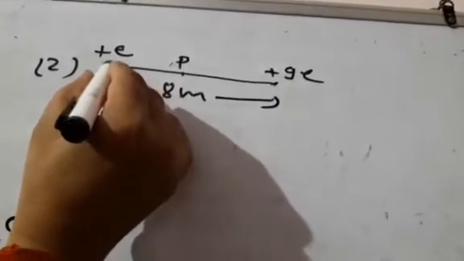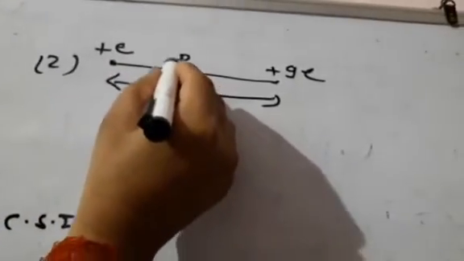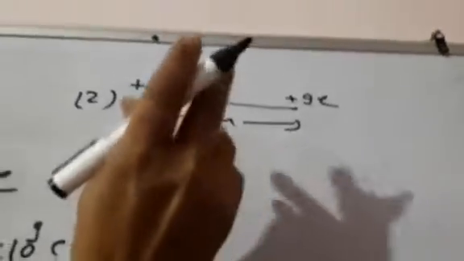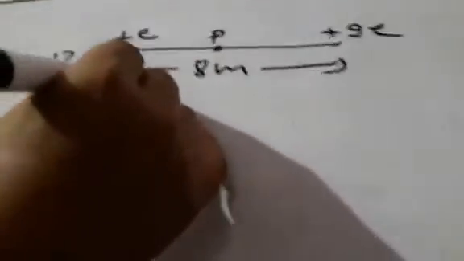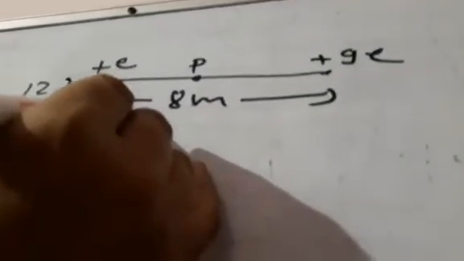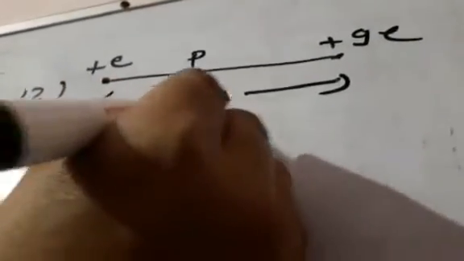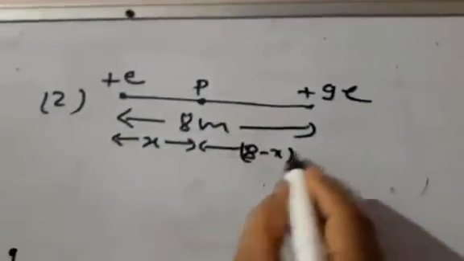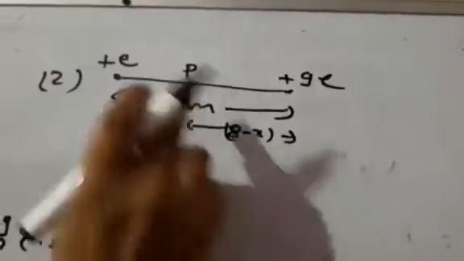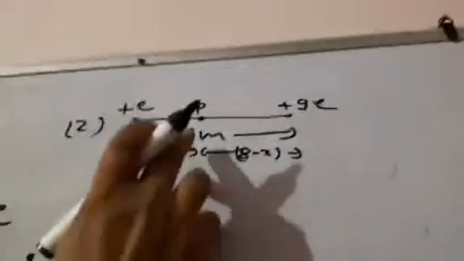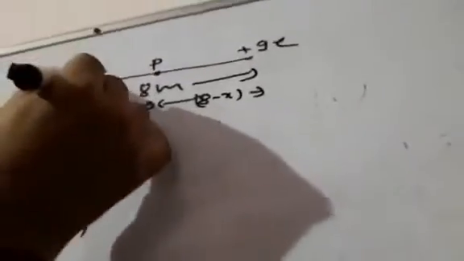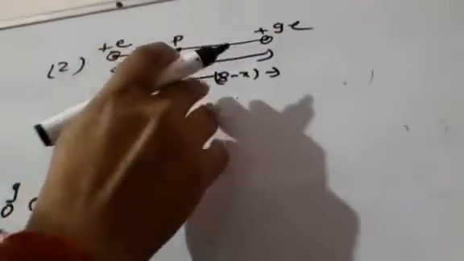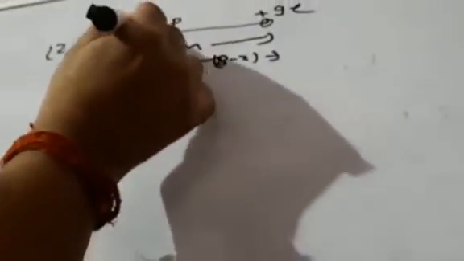So suppose intensity at point P is equal to 0, and distance of P from plus E is x, therefore distance from 9E is 8 minus x. Intensity at point P is equal to 0 if and only if intensity due to plus E and intensity due to plus 9E are equal in magnitude and opposite in direction.